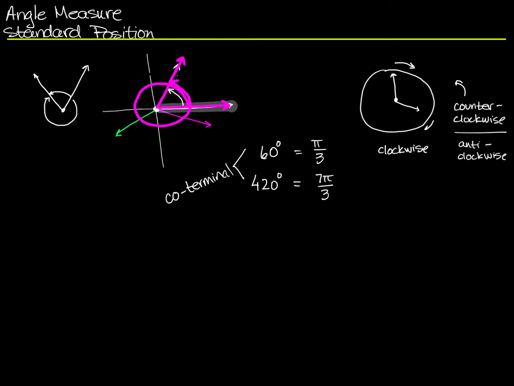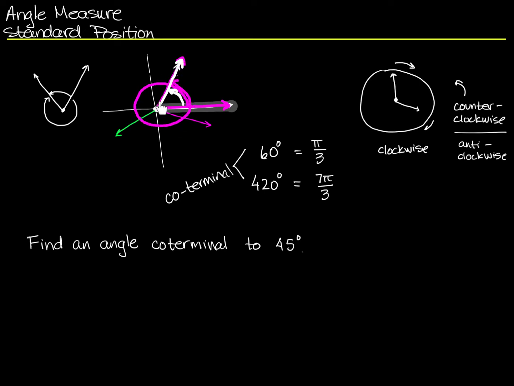So let's see if we can find an angle that's coterminal to 45 degrees. Well, looking at the diagram, the pink angle, this big one here, is coterminal to the smaller white one. They start here and they both end here. But the pink one had to travel an extra full circle to get there.